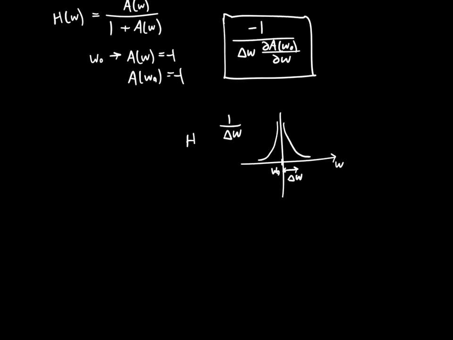Well, we can make this result more computable, because we have the forward path gain A of omega, and since we're designing the oscillators, we always have the forward path gain. Say we're interested in the derivative dA at omega naught, d omega. Well, we know that A can be written as the product of two functions, the magnitude and the phase, so e to the j phi of omega naught.